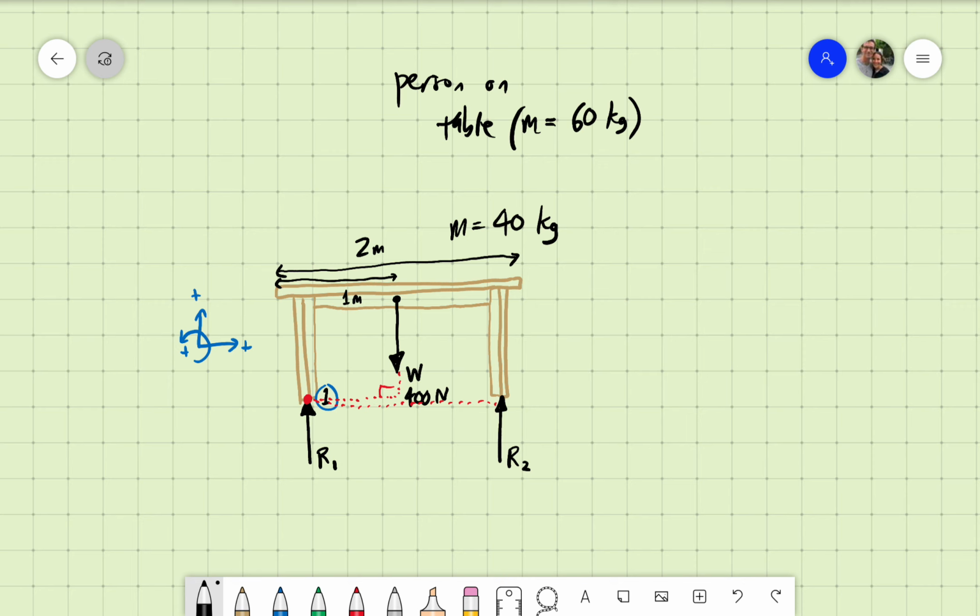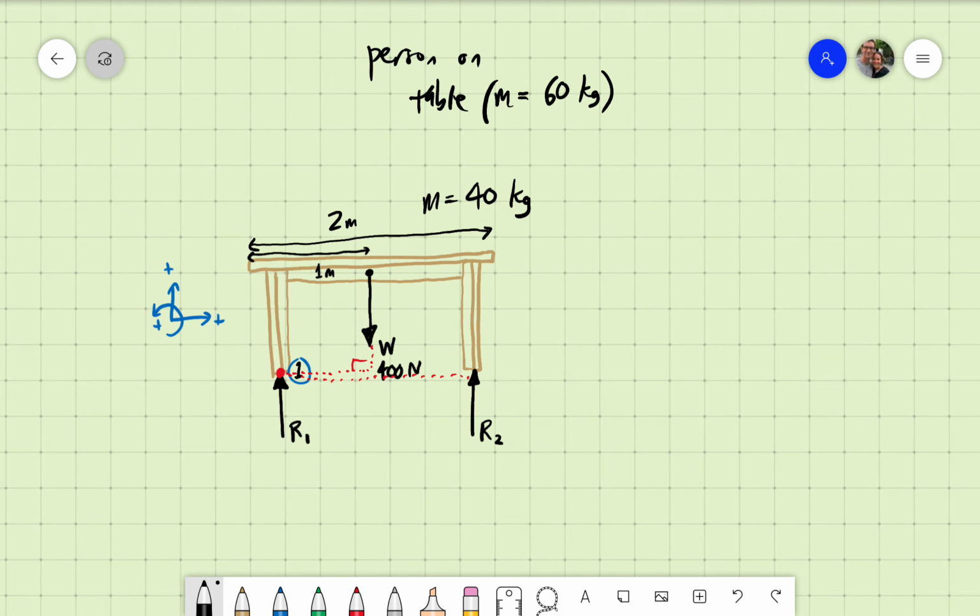Okay, so let's march through these things again. I should tell you, we're going to put the person right here. And again, if their mass is 60 kilograms, that means their weight is 600 newtons.